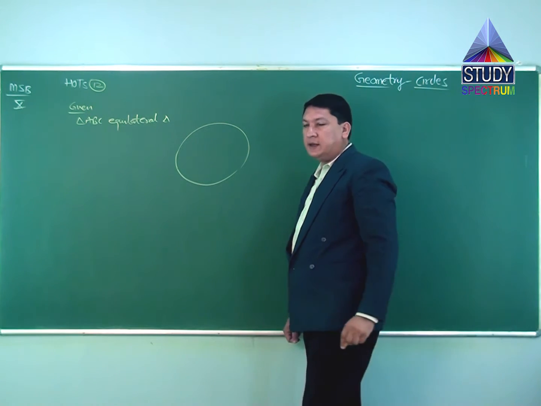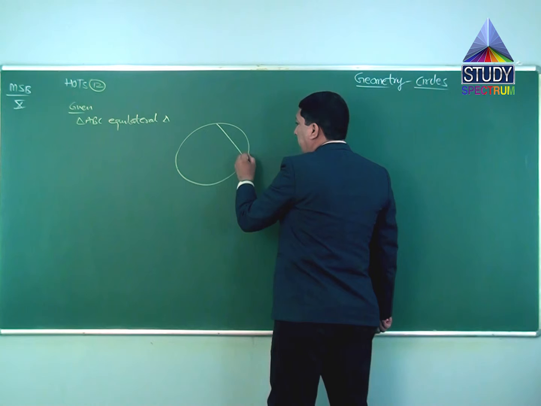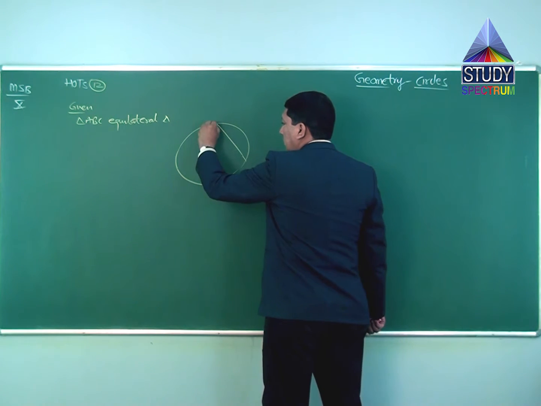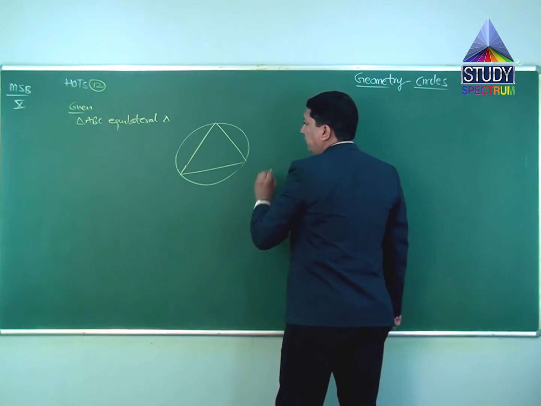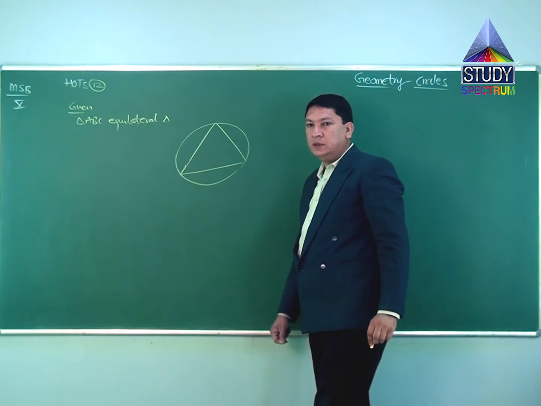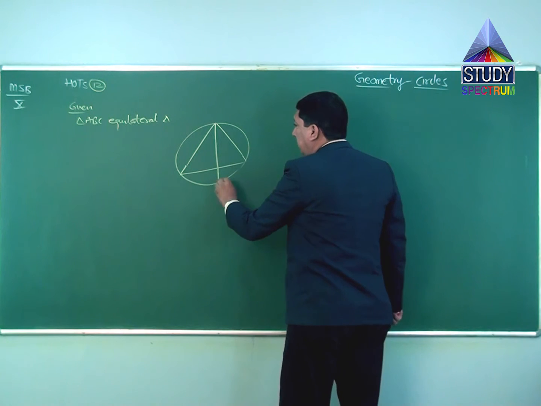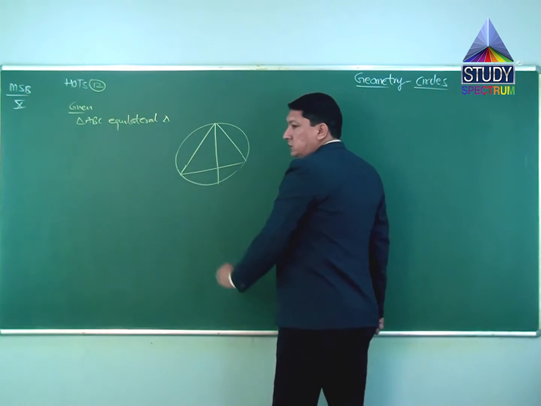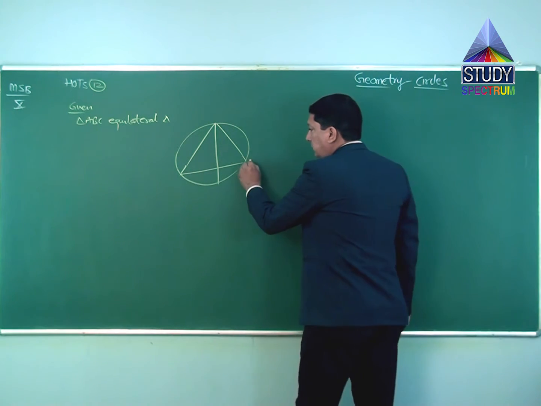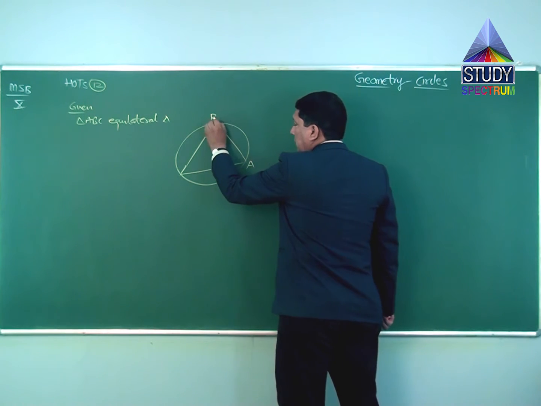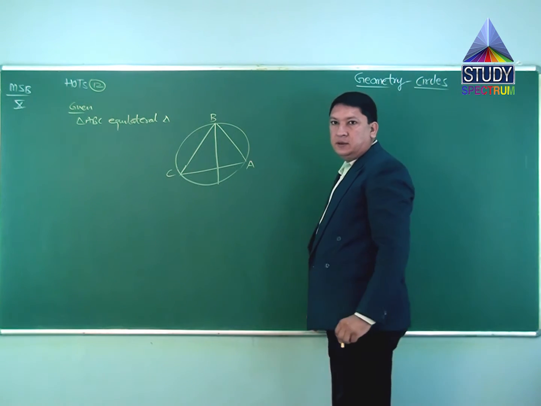So given to us, triangle ABC is an equilateral triangle. So I've drawn triangle ABC. Then BP is bisecting angle B. So name of the triangle is ABC. And this point is P.